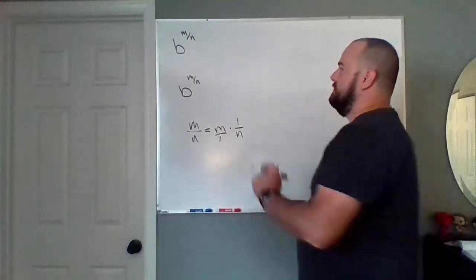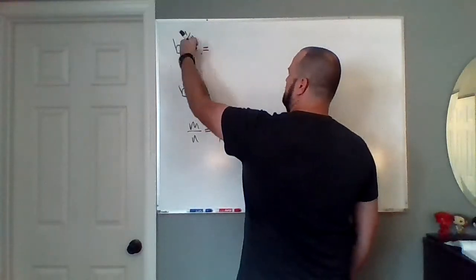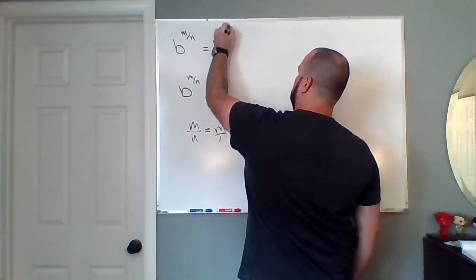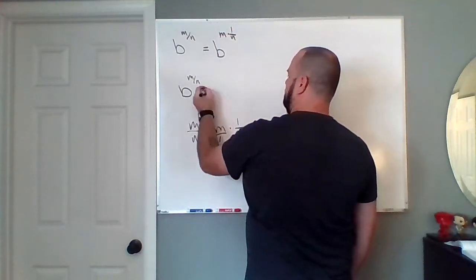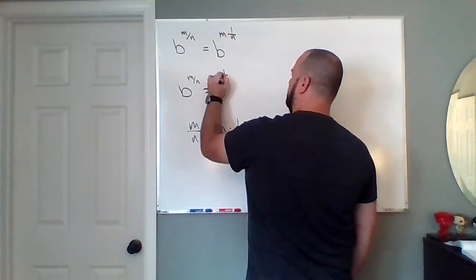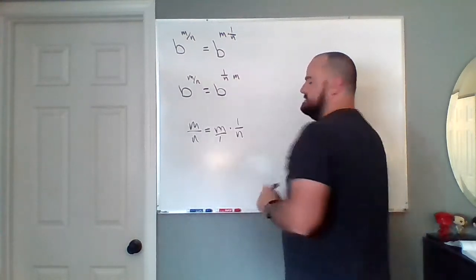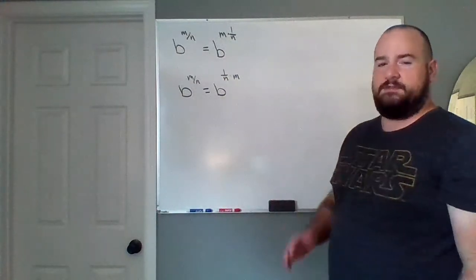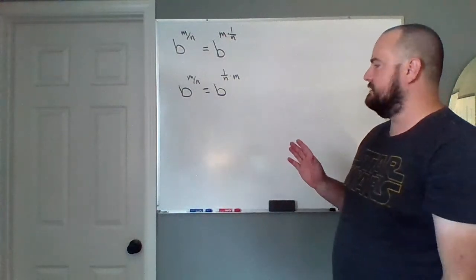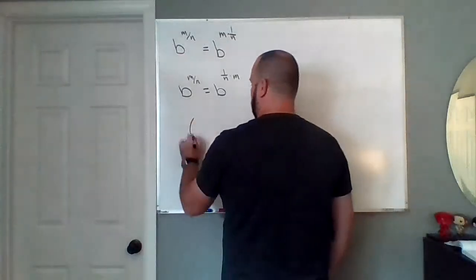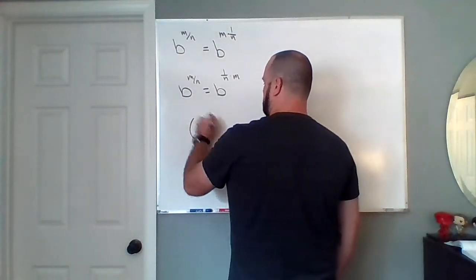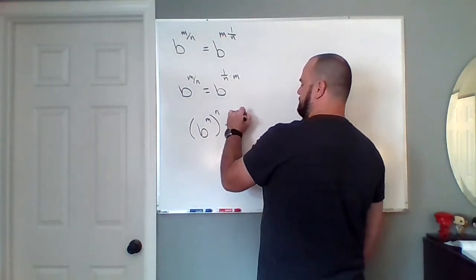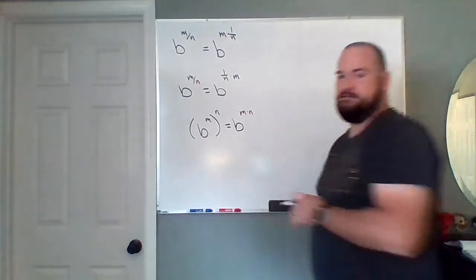So if I break this up, I have b to the m times 1 over n, and here we're going to do it the other way around, like this. Now the rule that we're going to use here is a rule from yesterday that said if I have b to the m to the n, that was equal to b to the m times n.